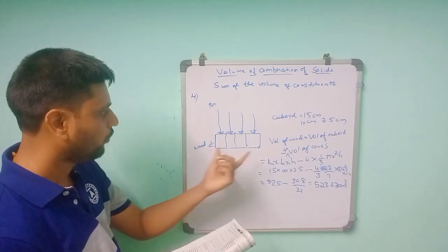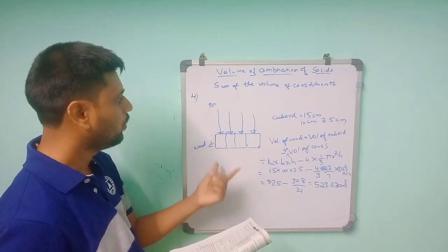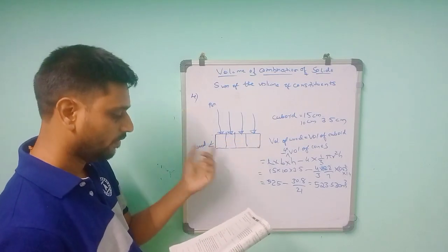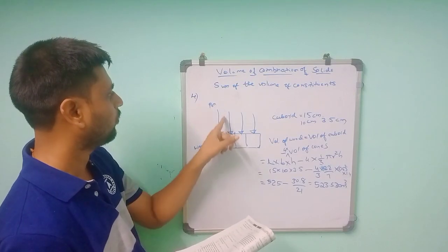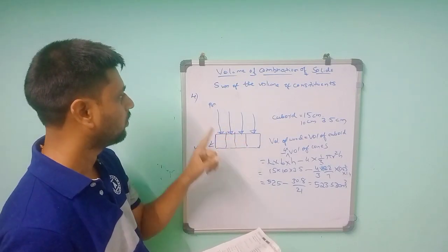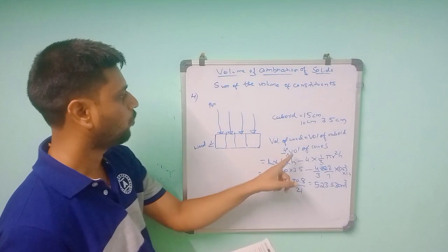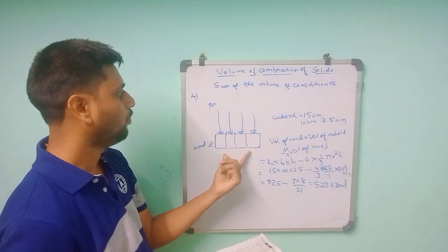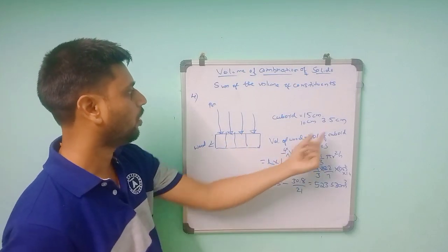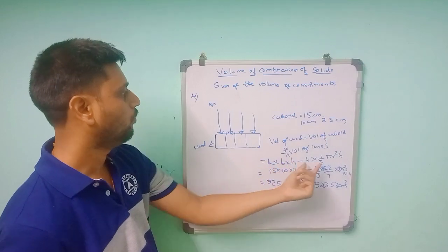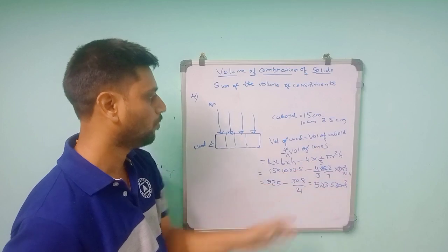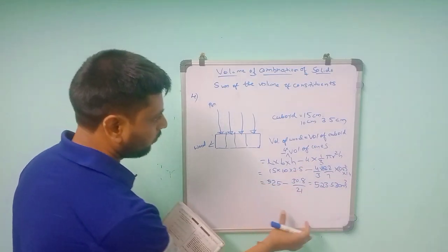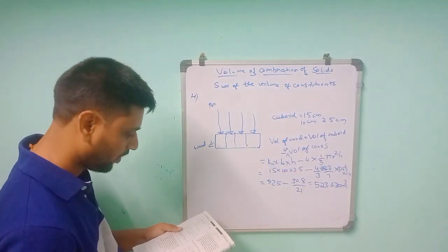First you take the formula: the volume of the cuboid in total, then minus 4 into the volume of a conical depression. These are the conical depressions in the shape of cones for each pen. So 4 into the volume of a cone, and you will get the volume of the wood. The volume of the cuboid is length into breadth into height. Then the volume of the cone is 1 by 3 pi r square h. 4 are there, so 4 into 1 by 3. Then after calculation, you get 523.53 centimeter cube.